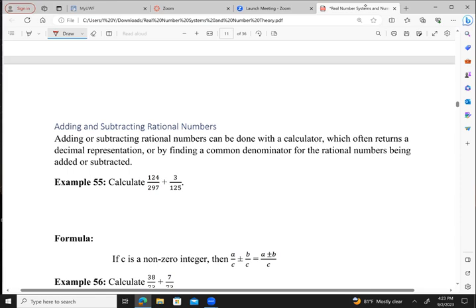So we can simply use our calculator and do 124 divided by 297 plus 3 divided by 125. Now, the interesting thing about these calculators is they know PEMDAS. I get 0.4415084175.